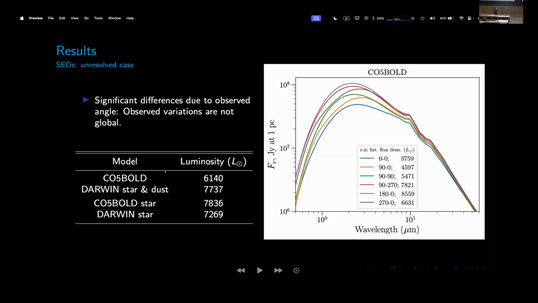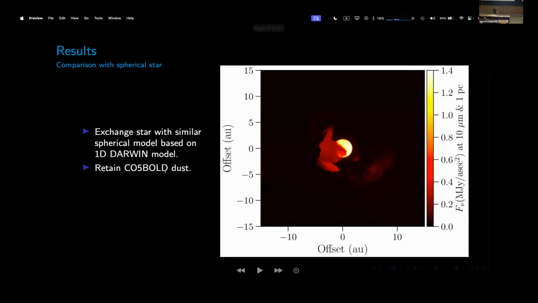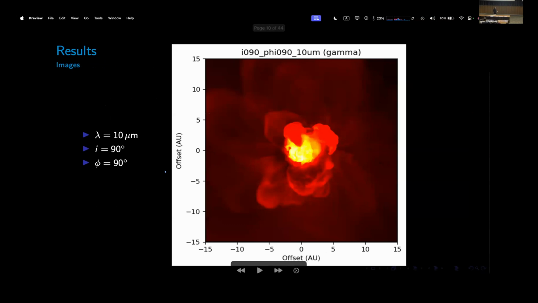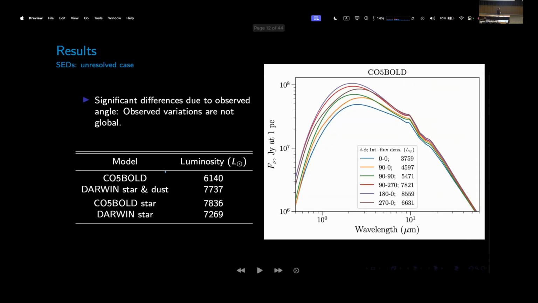So for example, in the case of not resolving it, I imagine that we have a beam that is 30 by 30 astronomical units. I mean, the beam in these SEDs here is the whole image, like these ones actually. And they are in 6 different directions, as indicated by the angles here.